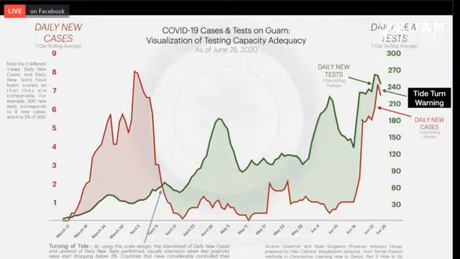And as you can see, we've gotten to a point where the area has become much more slim and much less. So it is a warning that if the cases continue to go up and we're not doing enough testing, we could be going backwards in terms of our progress.